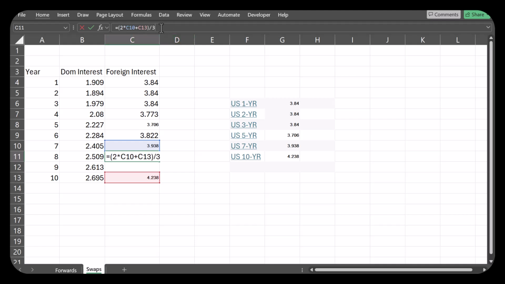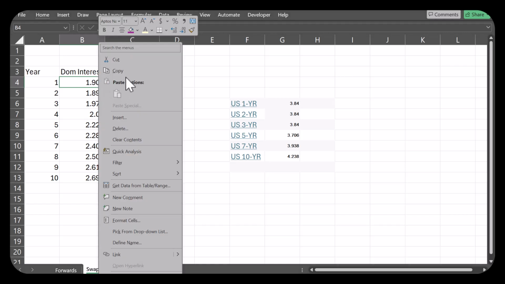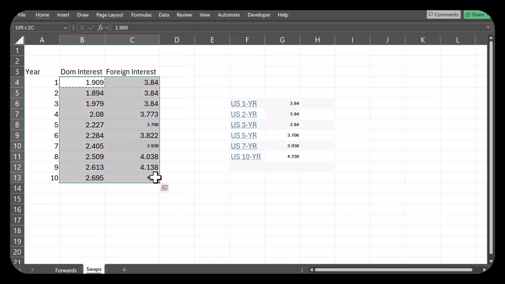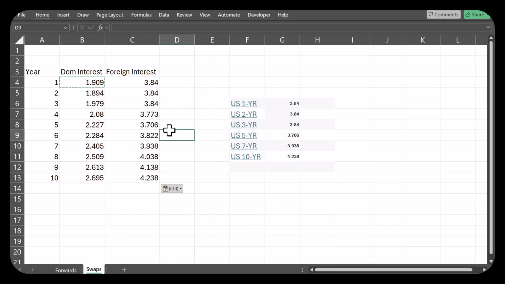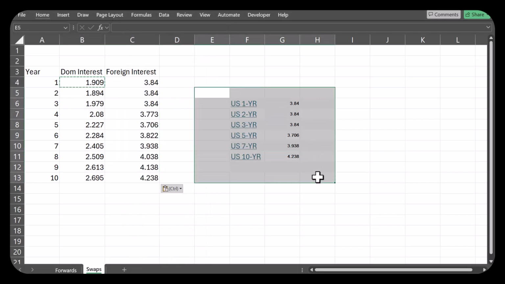Similarly, 2 times the 10-year rate plus the 7-year rate. I'm basically splicing them. And let's assume that these are your yield curves, okay? I like expressing these as percents.